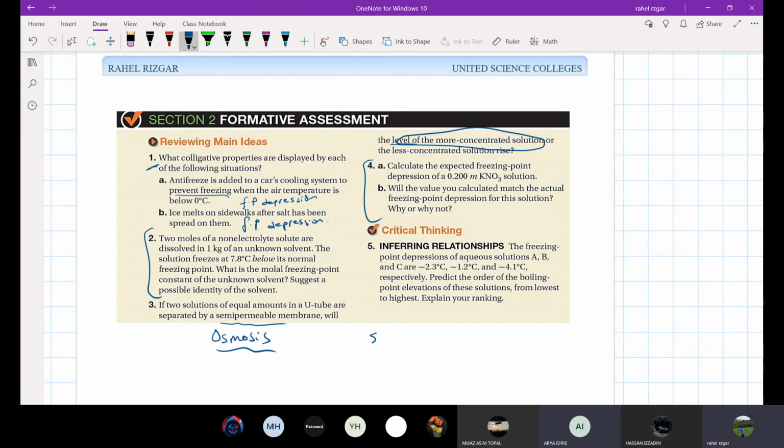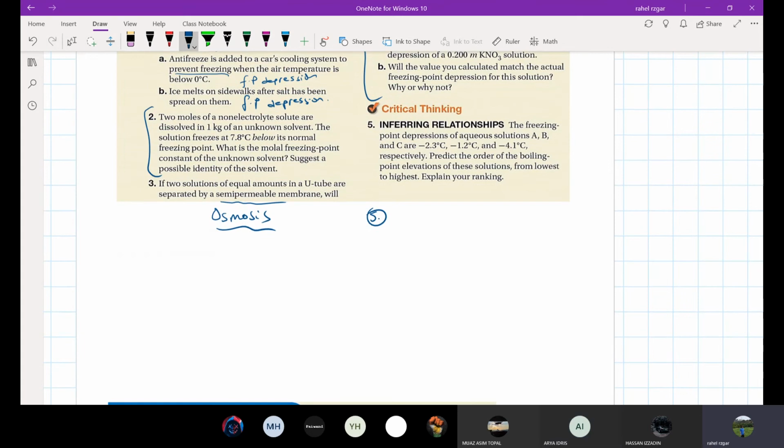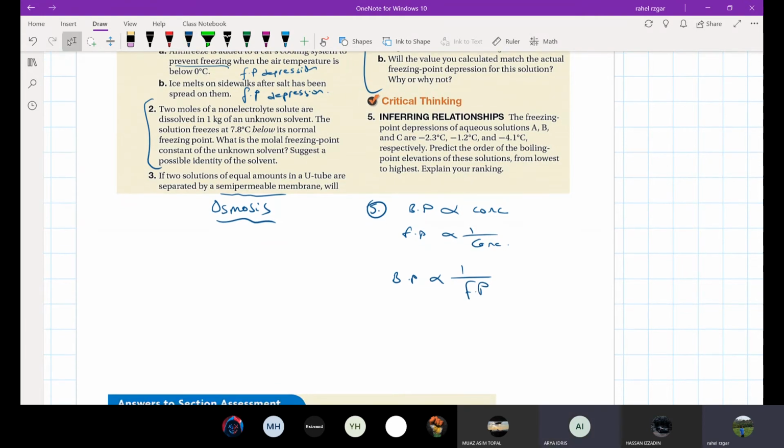Question 5. Everyone, you remember that we said boiling point is directly proportional with concentration, but freezing point is inversely proportional with concentration. Then boiling point and freezing point must be inversely proportional. Must be. But you remember delta TF and delta TB, both of them were directly proportional.